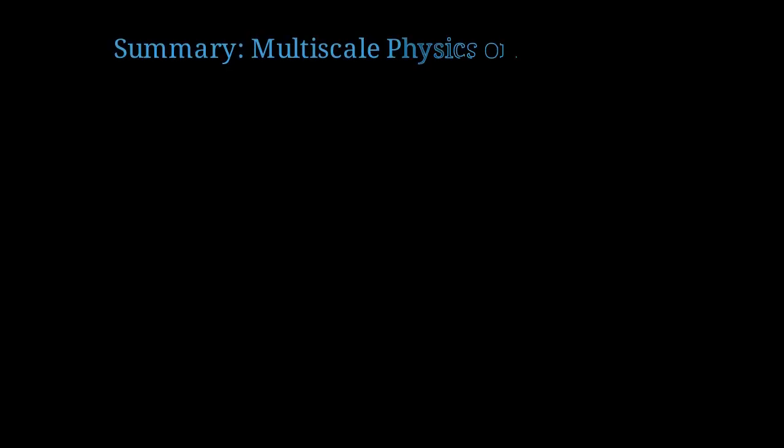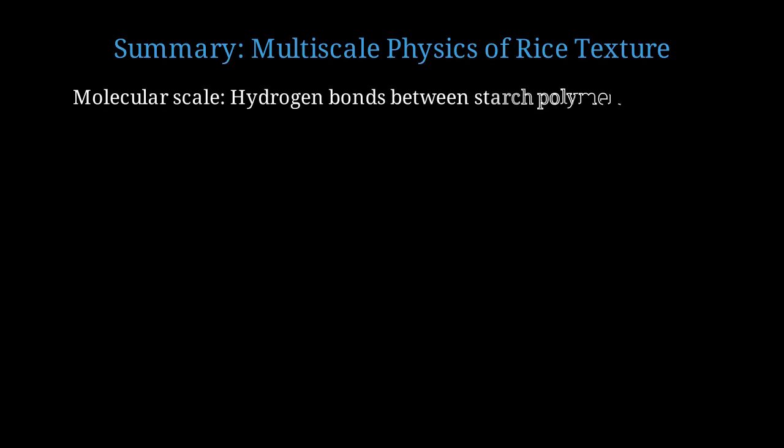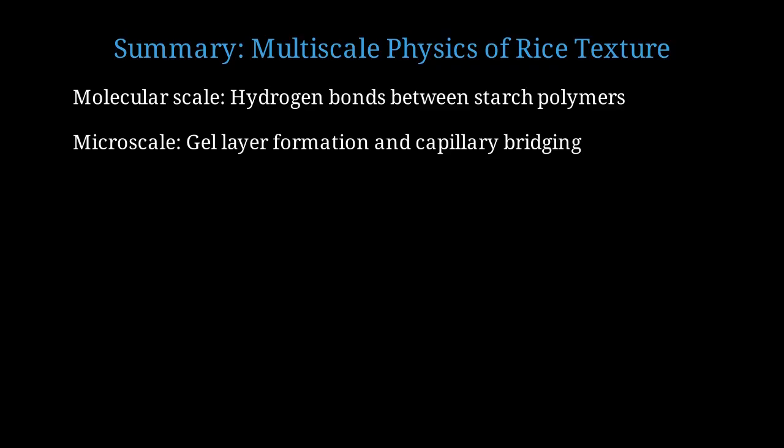Let's summarize this multiscale picture of rice texture. We've connected molecular-level hydrogen bonding to macroscopic mechanical properties. At the molecular scale, hydrogen bonds between starch polymers provide the fundamental adhesive interaction, with energy around 3 times 10^-20 joules per bond. At the microscale, surface gel layers and capillary bridges between grains create adhesion forces of tens to hundreds of micronewtons per contact.